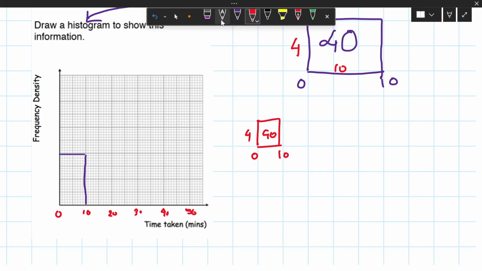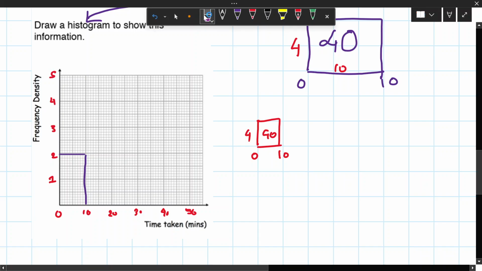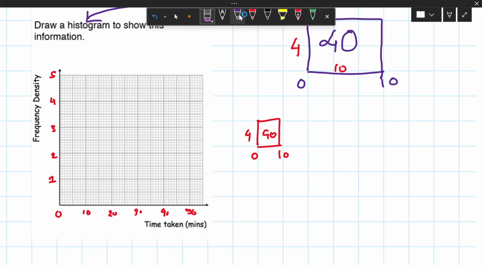So frequency density should go from 1, 2, 3, 4, 5. So if this is 4, then that's the height of the histogram that we are looking for.